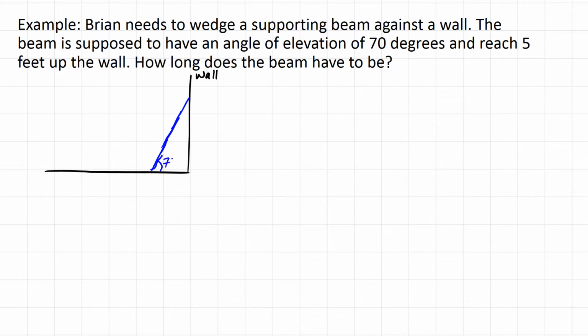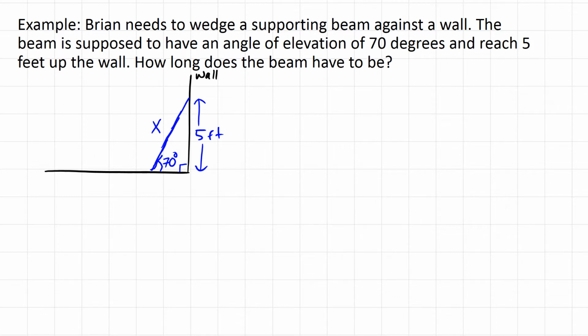We're told that this is 70 degrees. And lastly, we're told that the beam reaches 5 feet up the wall, and we want to know the length of the beam. So we could call that x. We're looking for the hypotenuse of this right triangle, which is this beam braced up against a wall.